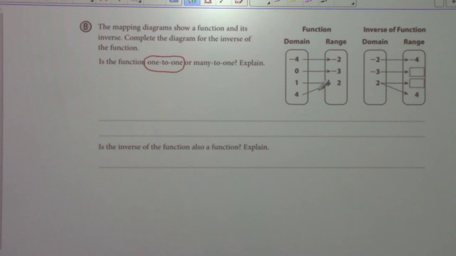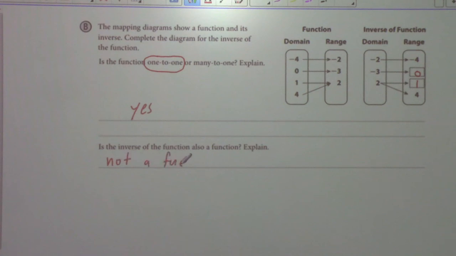If it was the other way, now let's fill out this table. What goes over here? 0 and 1. That one's a many-to-one. And the second one here, the inverse, is not a function.